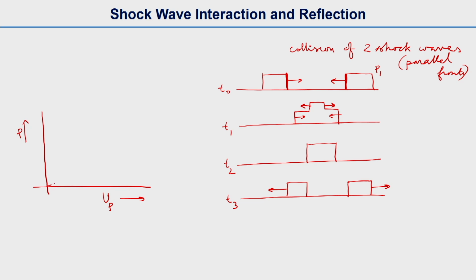So we have this P-UP plot, and let's assume this as UP1 at pressure P1. So pressure P1, particle velocity UP1, and we assume that the two waves have the same velocity.